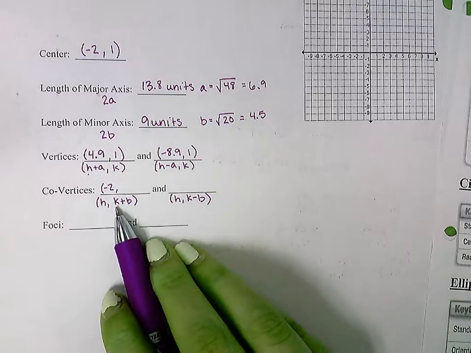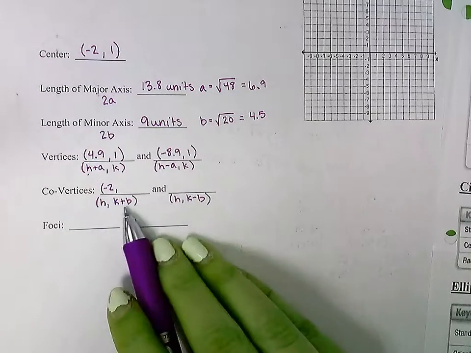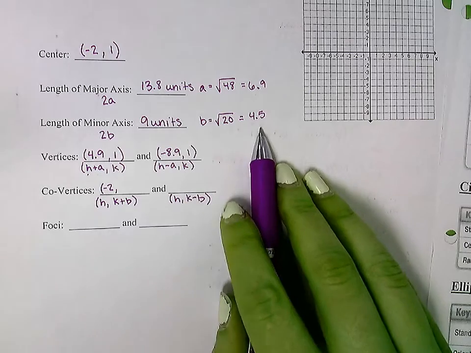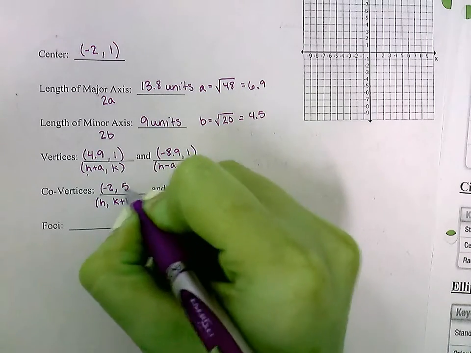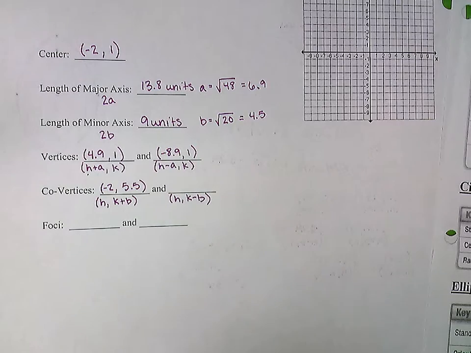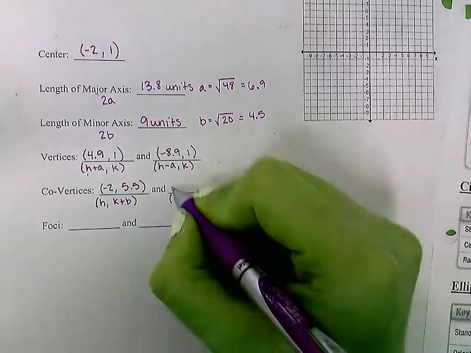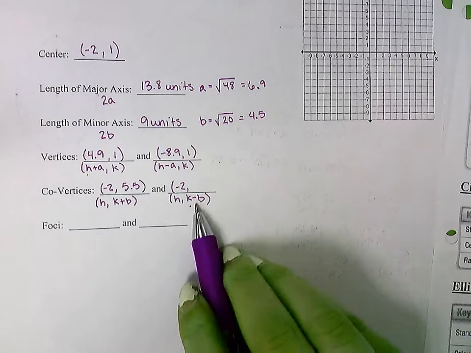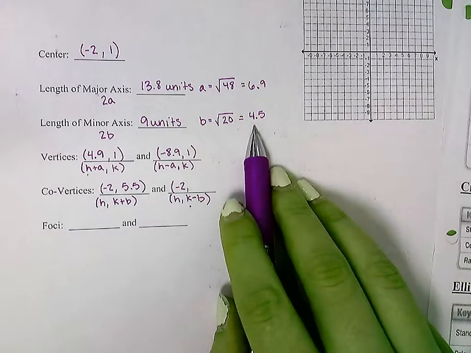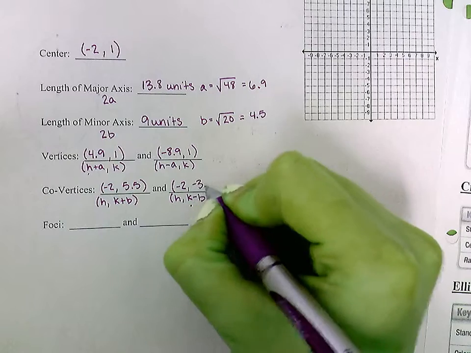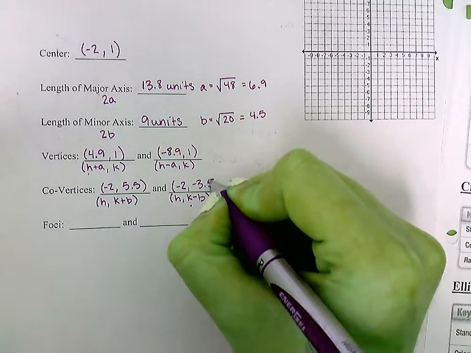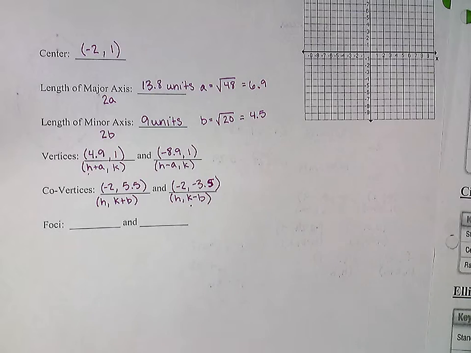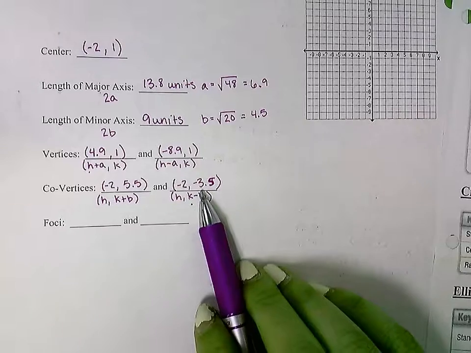Then we take our k value of 1 and add 4.5. That will be 5.5. For our second one, keeping h the same at -2, take 1 minus 4.5 and get -2, -3.5.